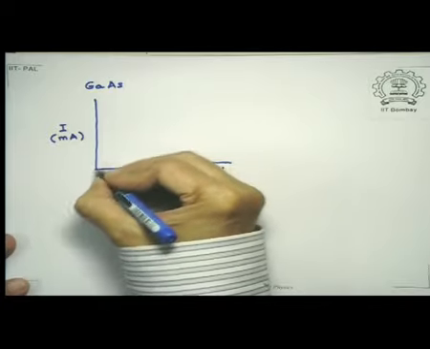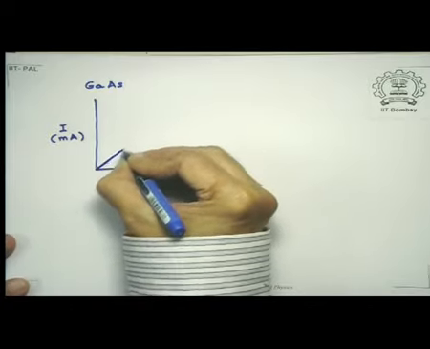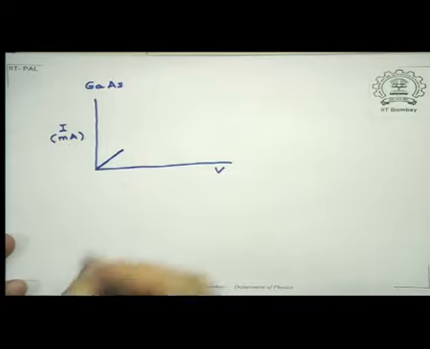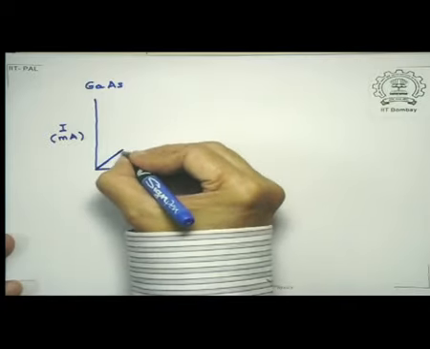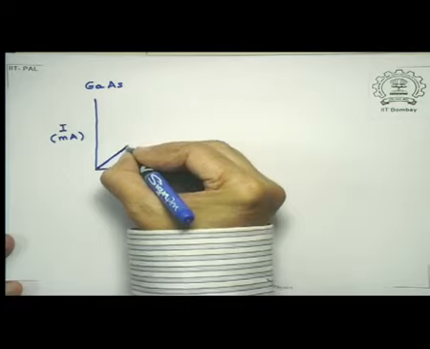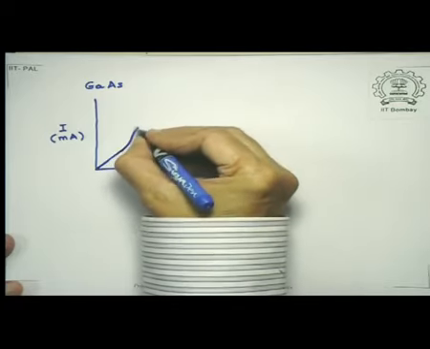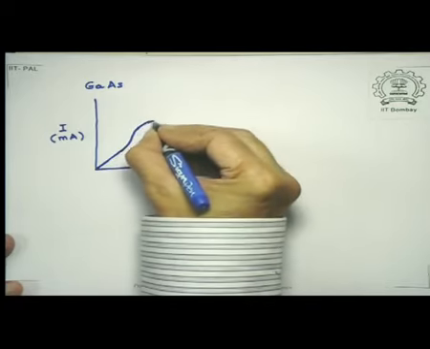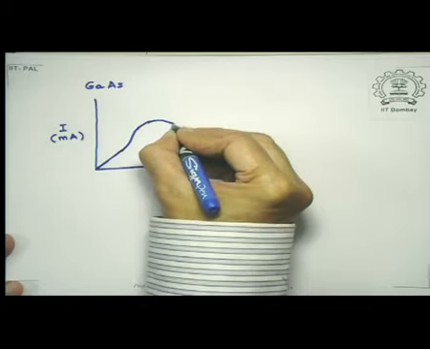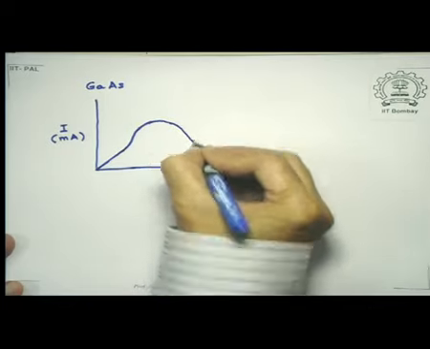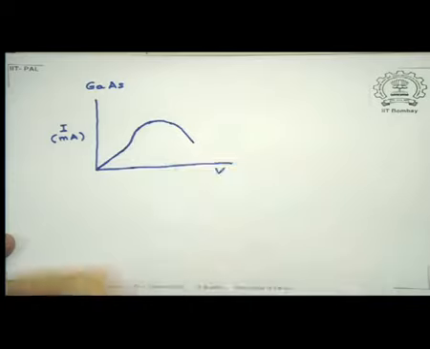It starts with a linear, rather ohmic relation, and then there is a departure from the linearity and it passes through a maximum, and at some stage it starts bending down. So let's look at that picture a little more carefully.